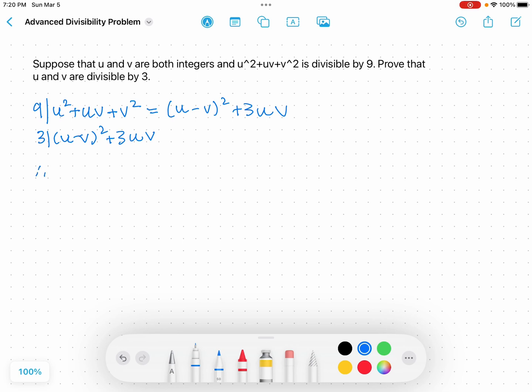And since 3uv is a multiple of 3, this means that by the properties of divisibility, (u minus v) squared is also a multiple of 3. So 3 is a factor of (u minus v) squared. And we can also write down that 3 is a factor of 3uv.